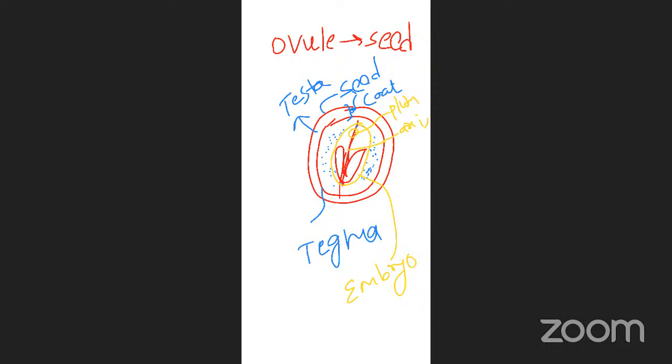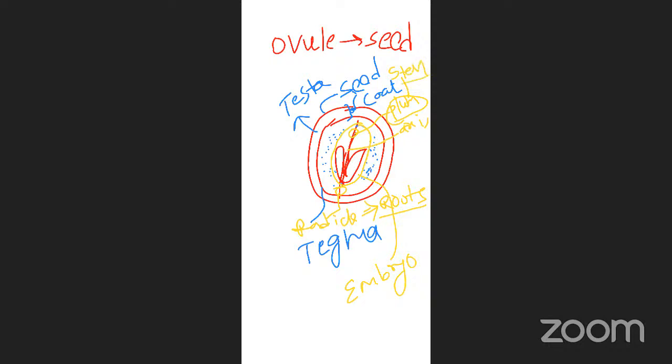The other one is known as the radicle, which is responsible for root production. From the plumule the stem, and from the radicle the roots develop.